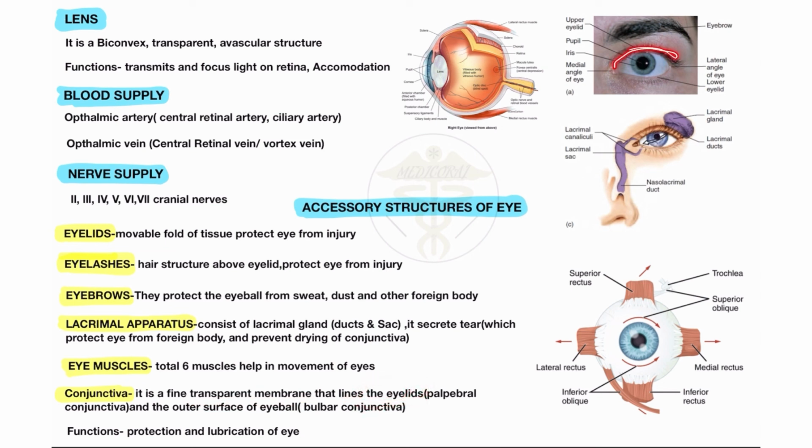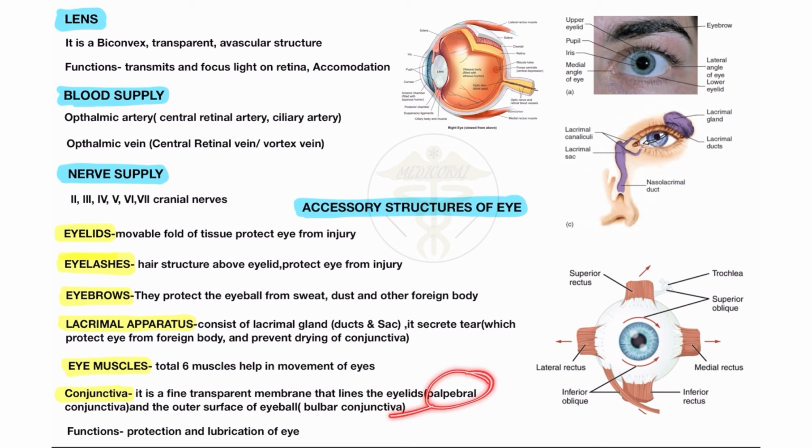The conjunctiva has two parts. The inner surface lining the eyelid is called the palpebral conjunctiva, and the outer surface of the eyeball is called the bulbar conjunctiva. It is not visible because it is a transparent, thin membrane-like structure that covers the inner side of the eyelid and the outer surface of the eyeball.